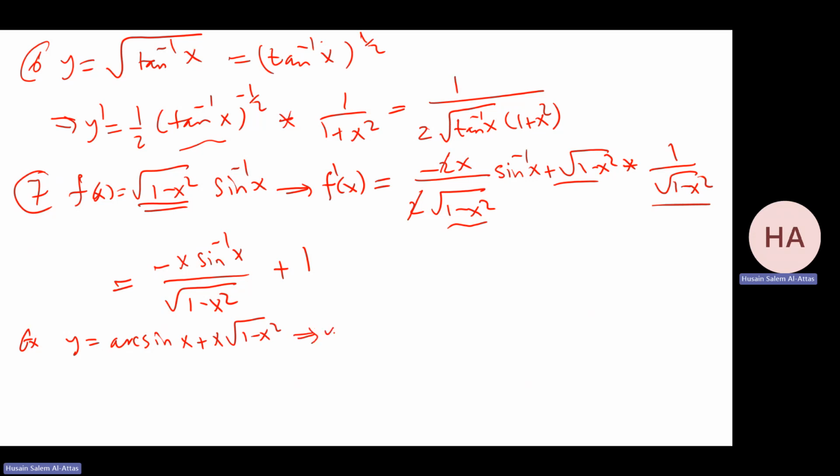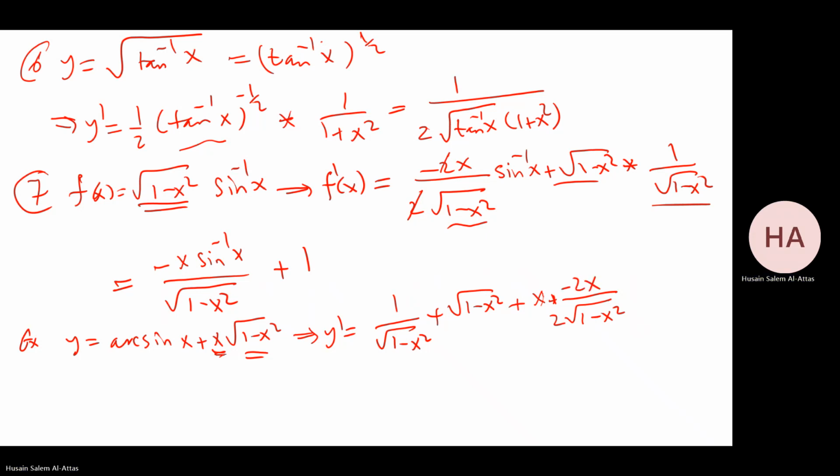So y prime is 1 over the square root of 1 minus x squared plus, here I have a product. The derivative of the first is 1, times the square root of 1 minus x squared, plus x times 1 over 2 square root of 1 minus x squared, times the derivative of the inside, which is minus 2x.